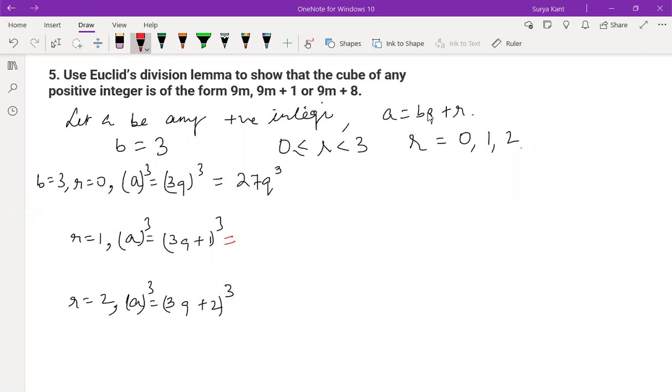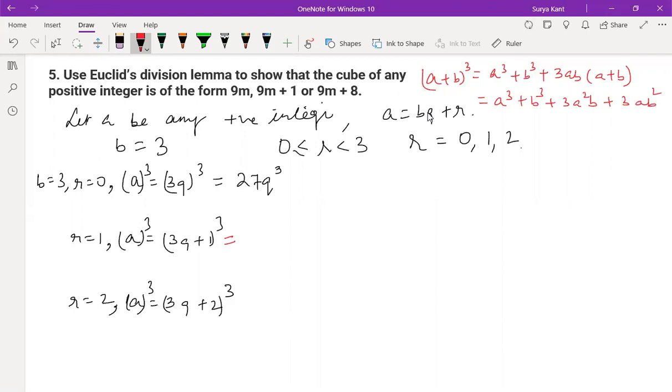I'm writing on the top. (a plus b) whole cube, you can write a cube plus b cube plus 3ab into (a plus b). Or if you multiply this 3ab inside, you will get a cube plus b cube plus 3a square b plus 3ab square.